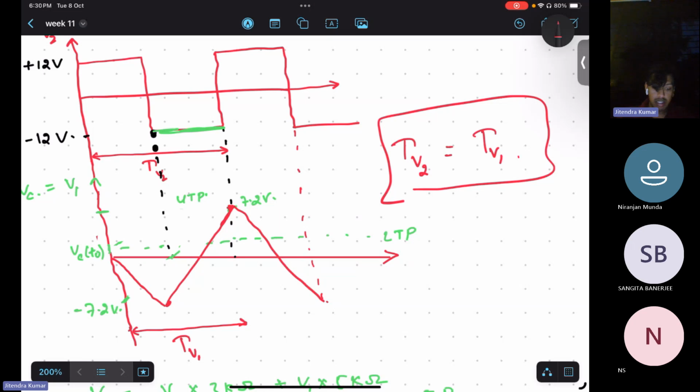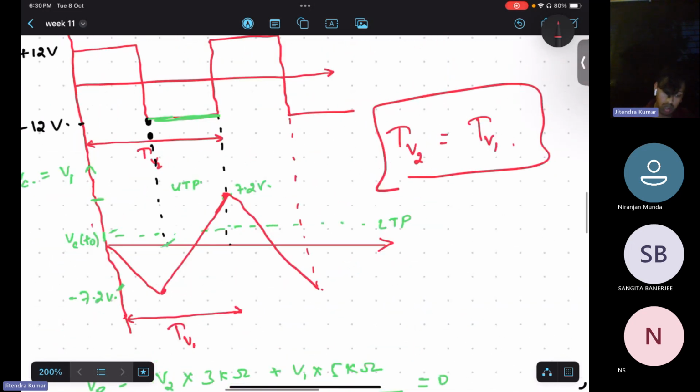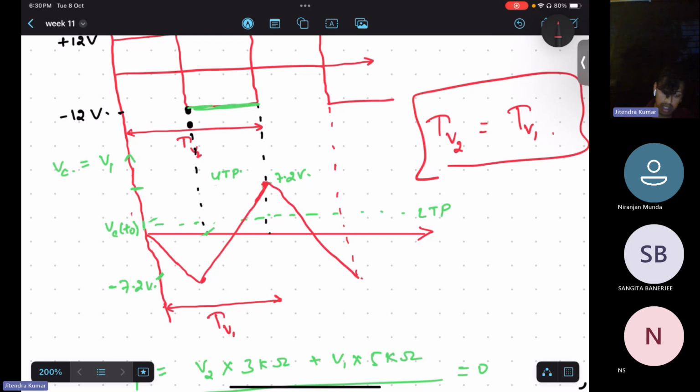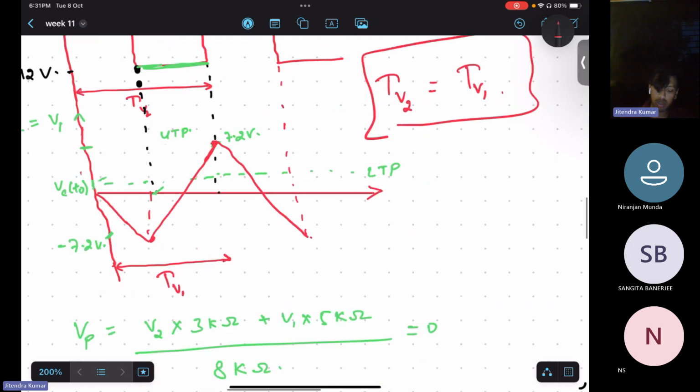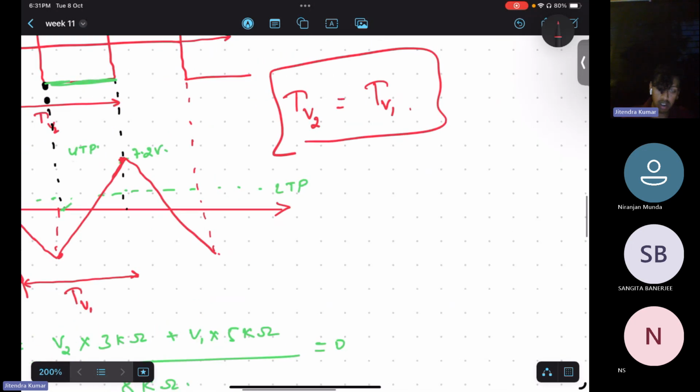Okay, and since it has been distributed equally, why are we saying that this time period is equal, that they are distributed equally? Because the supply is varying from plus 12 to minus 12. So depending on that, they are distributed equally. So how will we calculate the time period of it?